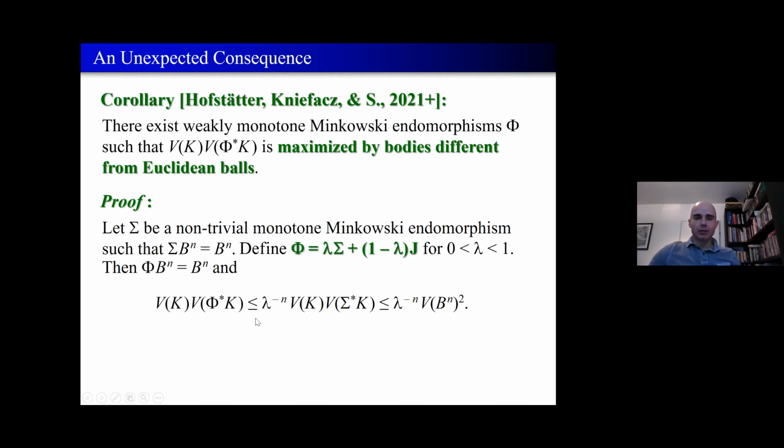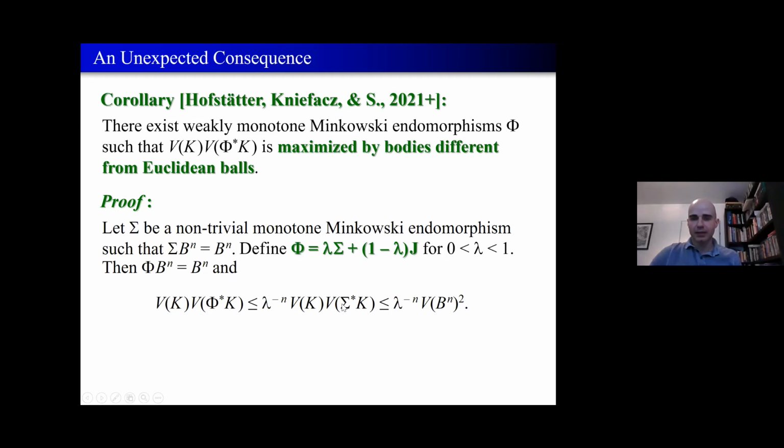But what do we know about the volume product, volume of K and volume of phi polar K? Well, phi of K is obviously containing lambda sigma of K, because we drop this part here, right? So if you take polars, we get the first inequality here.